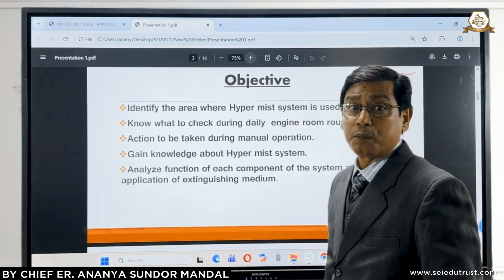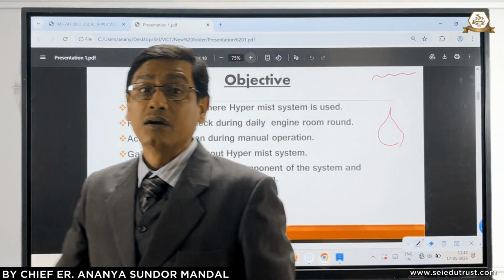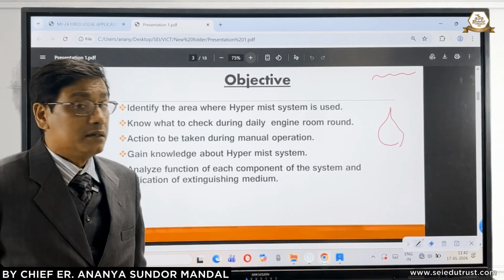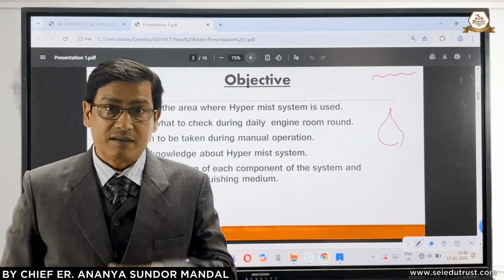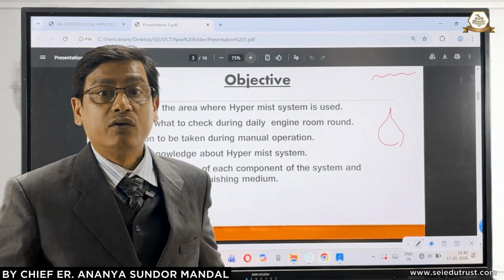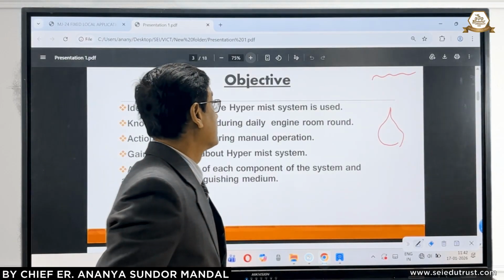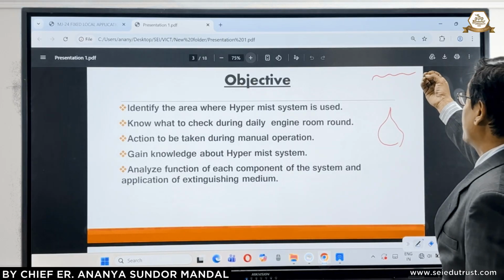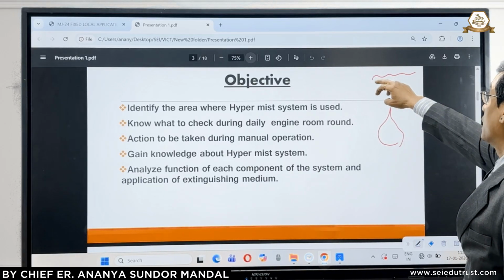So, if you spray water from the top in the form of mist, first, water mist will absorb heat from the top of the fire.